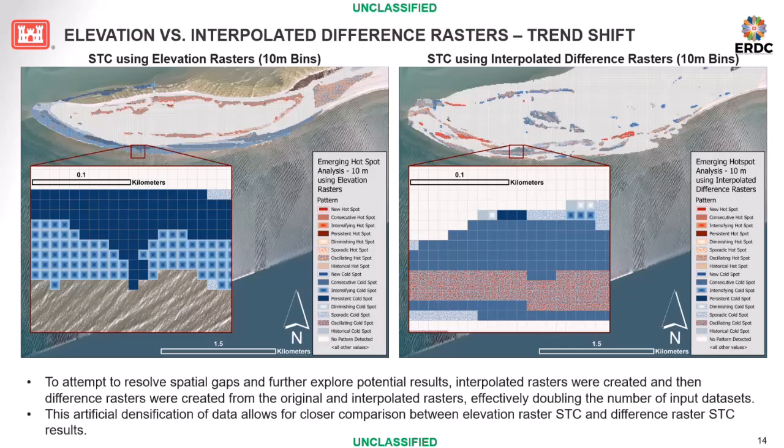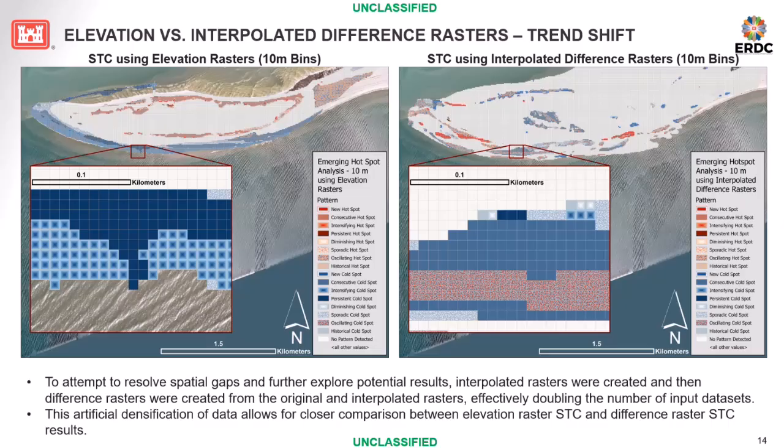And this does solve the 10 data set minimum problem because I'm effectively doubling the number of input data sets. But I also understand that the artificial densification essentially makes certain trends more likely to come up in a hotspot analysis like this. So I have to be really careful whenever we're interpreting these results.